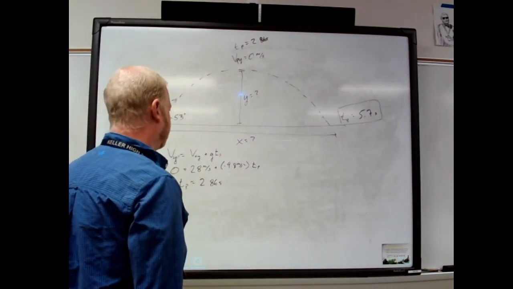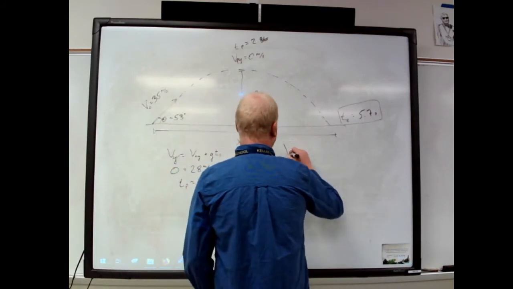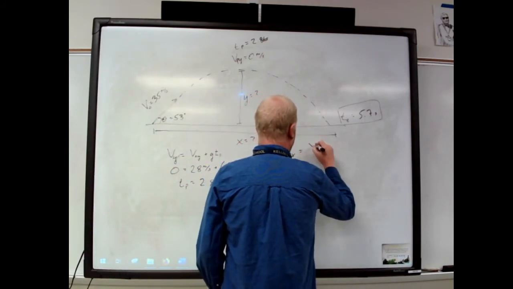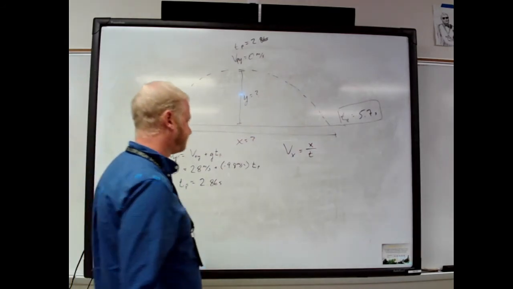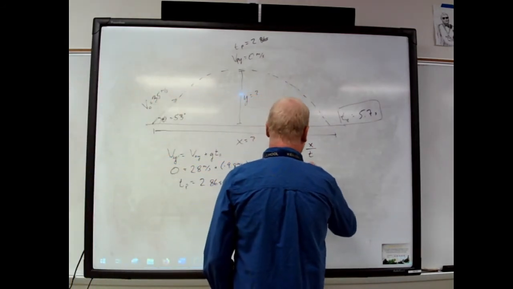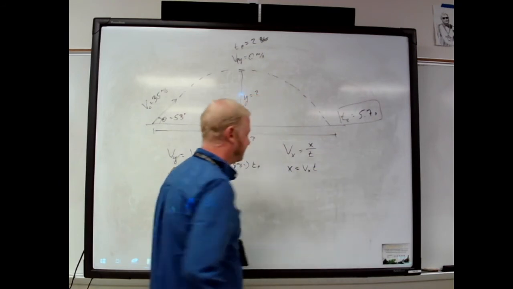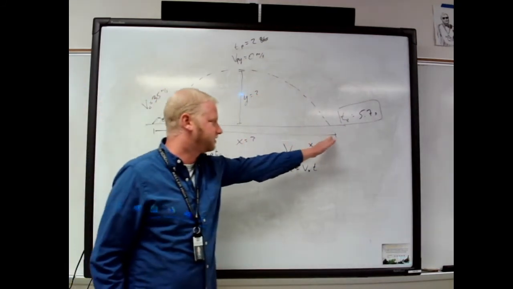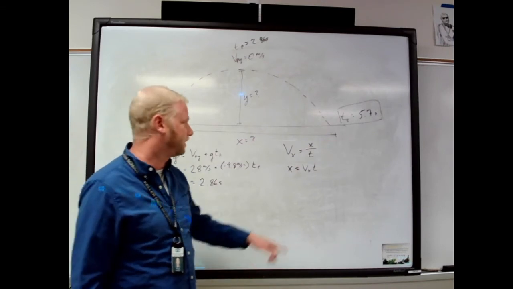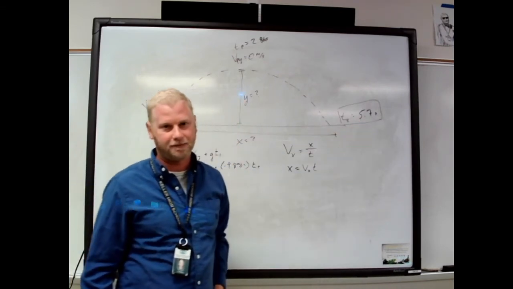So let's say we want to solve first for the range, that horizontal distance. We can rearrange this to our x equals vx times time. Well, if we want the range, the time that we need to be plugging in is your total time.